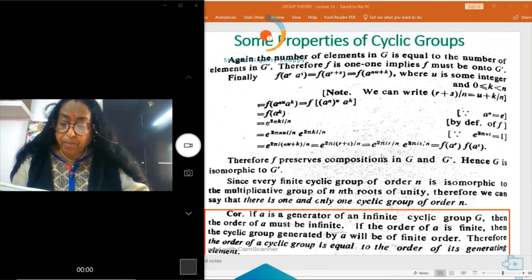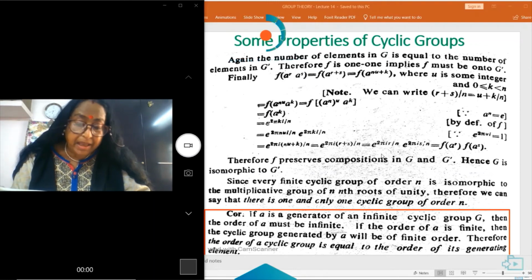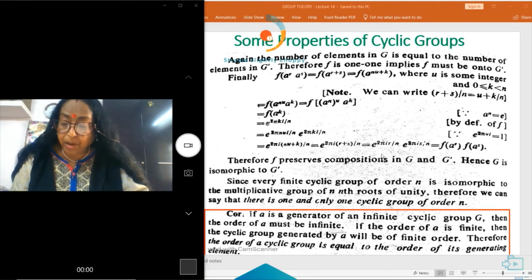So e to the power 2 pi u i by n into e to the power 2 pi k i by n, because e to the power 2 pi u i is equal to 1.